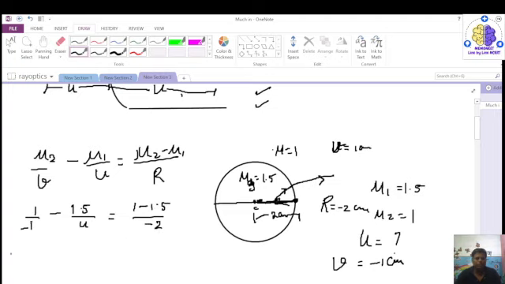So from here we'll get minus 1 minus 1.5 upon u is equal to minus 0.5 upon minus 2, right? So minus and minus becomes plus.